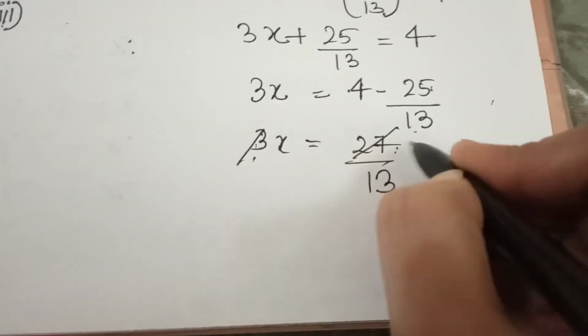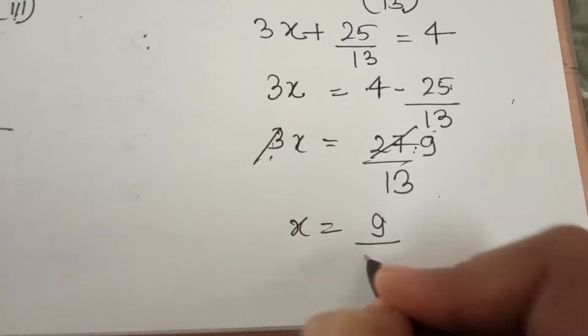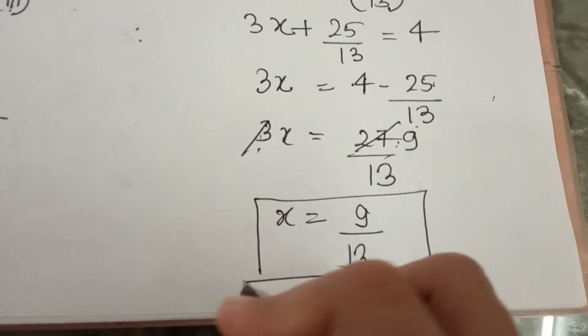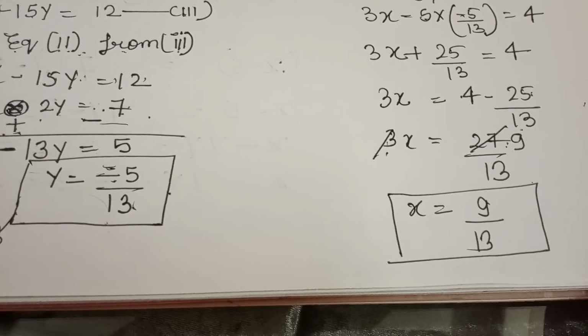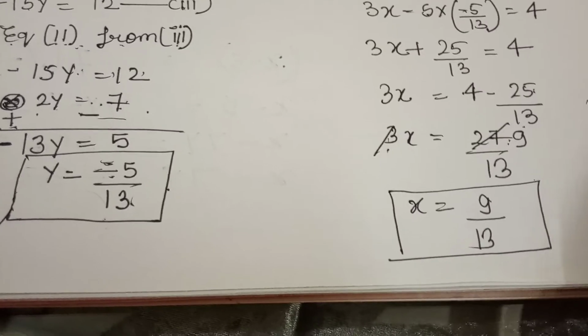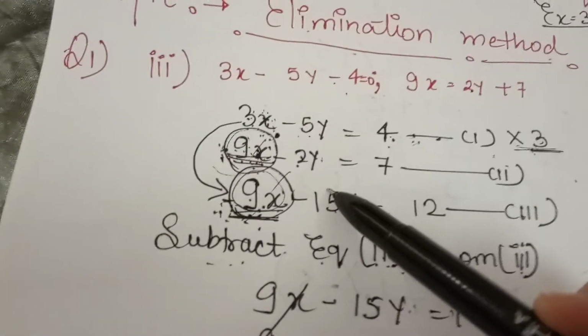It's your wish. So I am cutting directly. So x value is 9 upon 13. So by the elimination method, the values of x and y are 9 upon 13 and minus 5 upon 13. Again I am repeating step by step. The first step is to write both the equations in standard form.